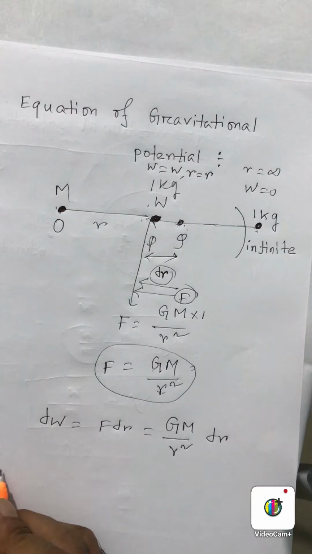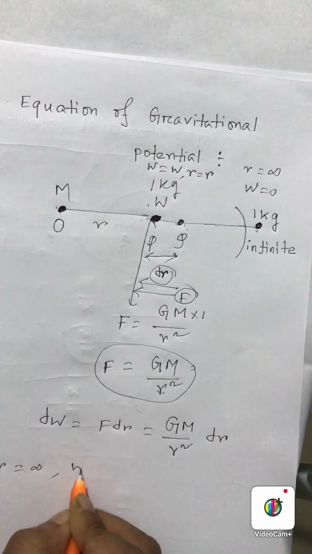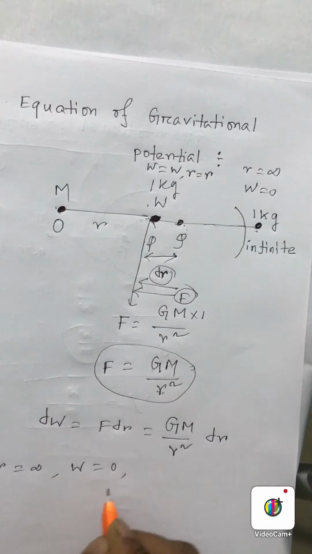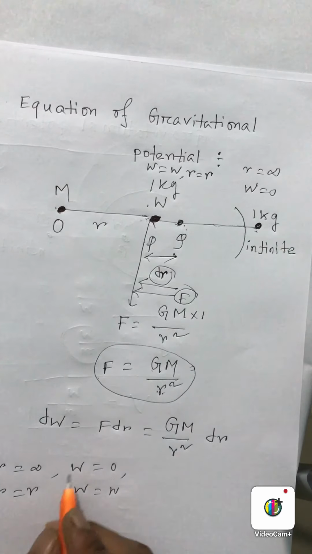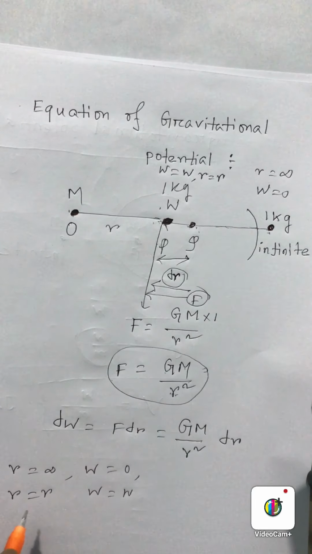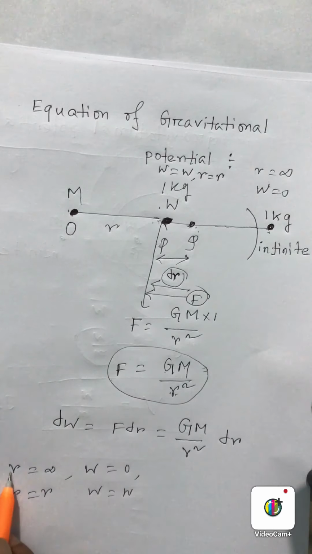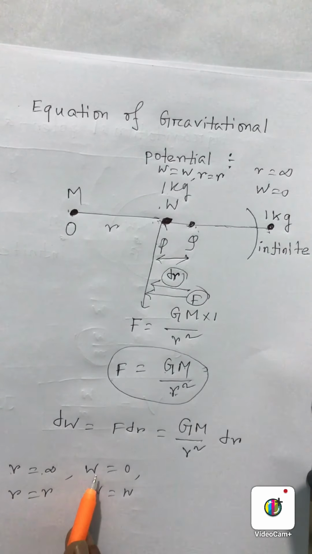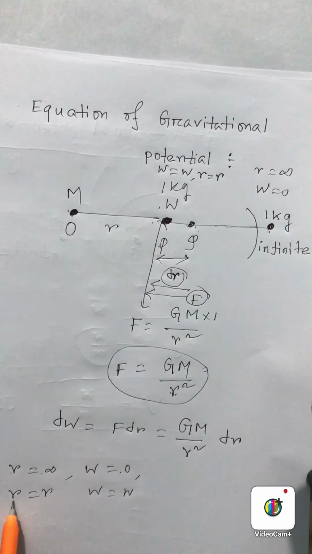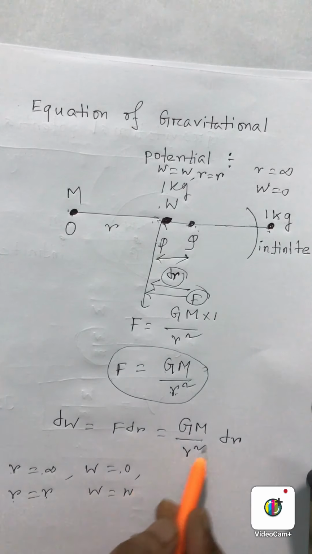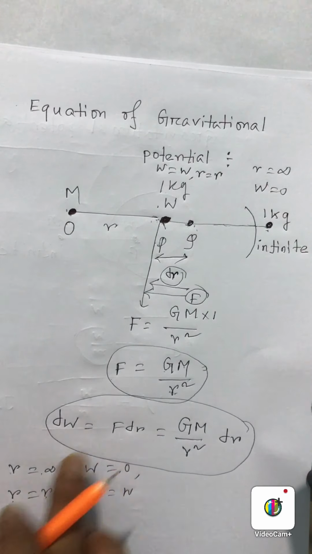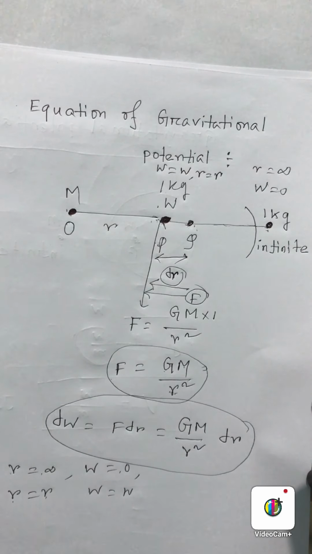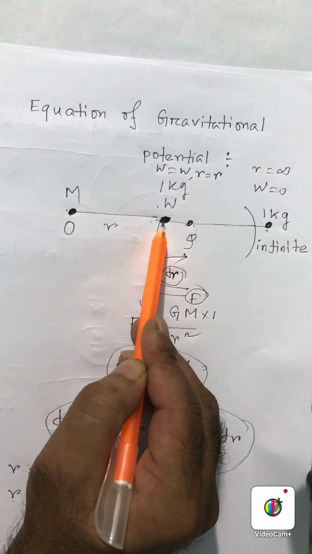So the limits are: when r equals infinity, the work done W equals 0, and when r equals r, the work done equals W. Then we integrate this equation using these limits to calculate the total work done from infinite distance to point P.